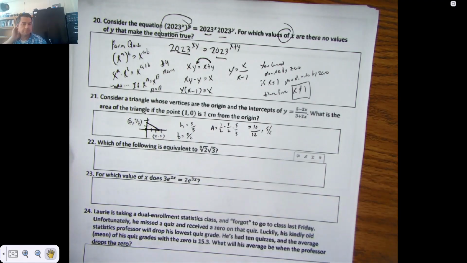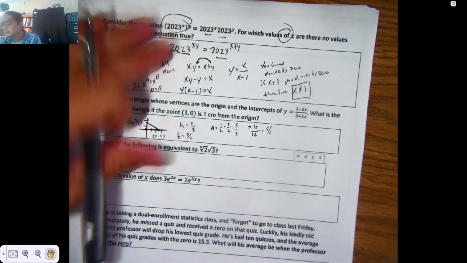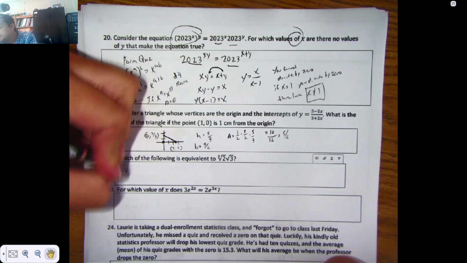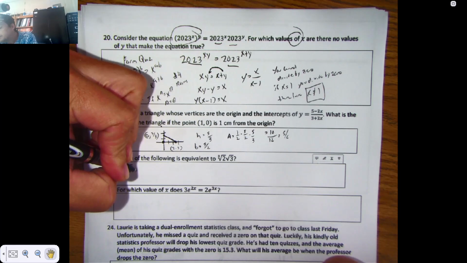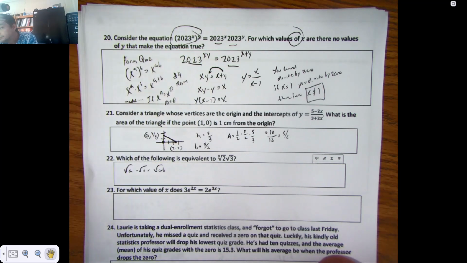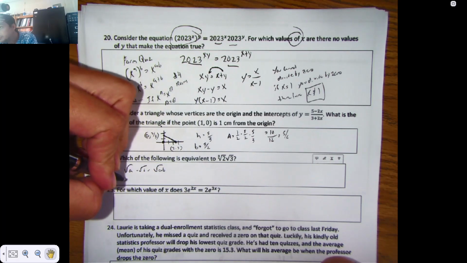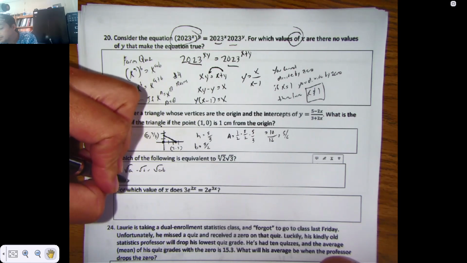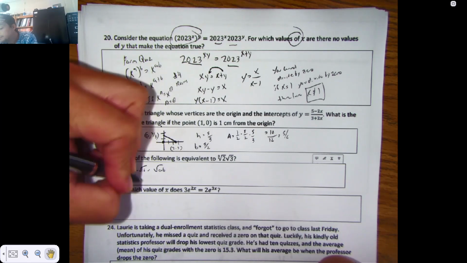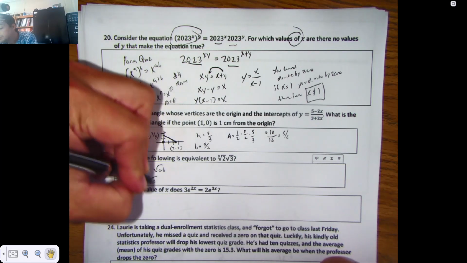Which of the following is equivalent to the cube root of 2 times the square root of 3? You have on your formula quiz that the root of A times the root of B is the root of AB. You also have on your form quiz this idea too, that x to the p over r is the rth root of x to a power.